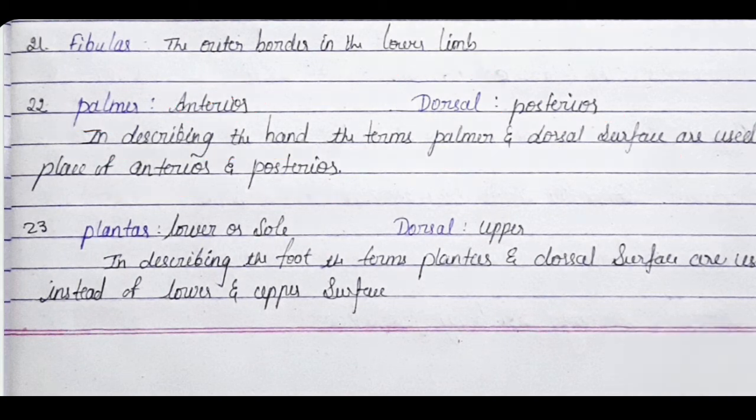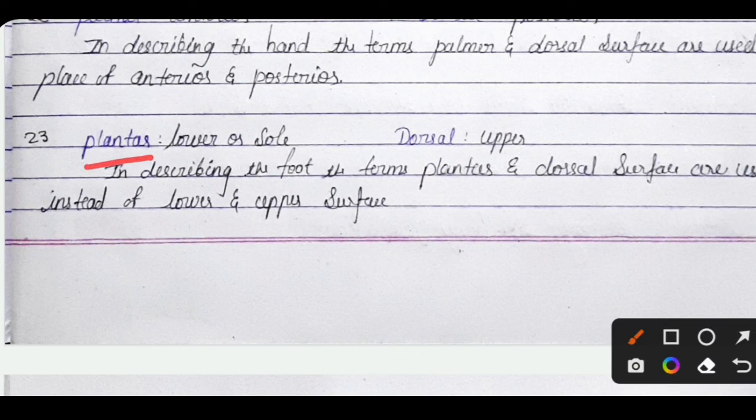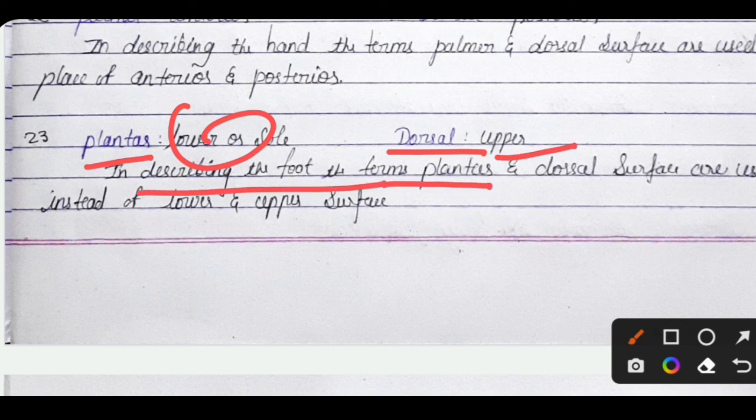Next one is 23rd, that is plantar, which is lower or sole. Dorsal means upper. In describing foot of the body, the terms plantar and dorsal surface are used instead of lower and upper surface.